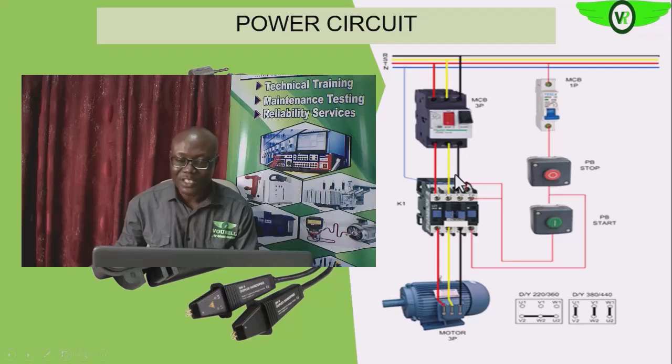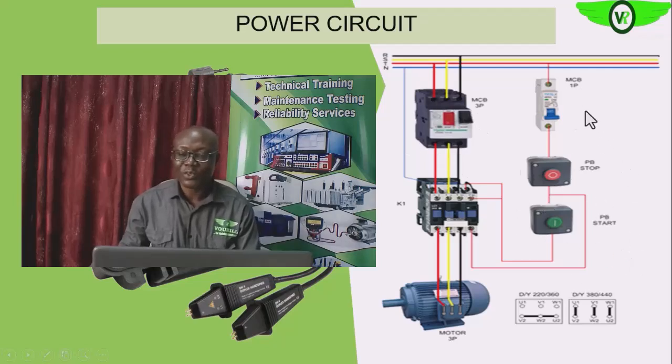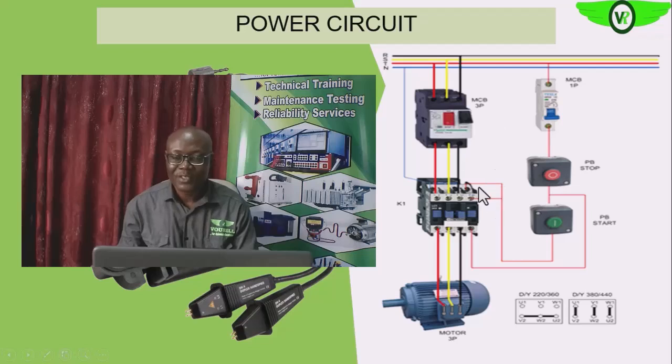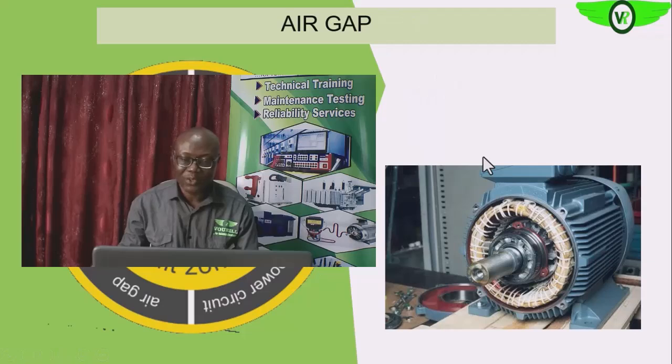So that is how we check the power circuit, but of course we will not neglect this part too. We will check to see if we have any high resistance points on any of these parts. And of course, we will also check the integrity or the reliability of the control system to see that it will function as we intended it to function.